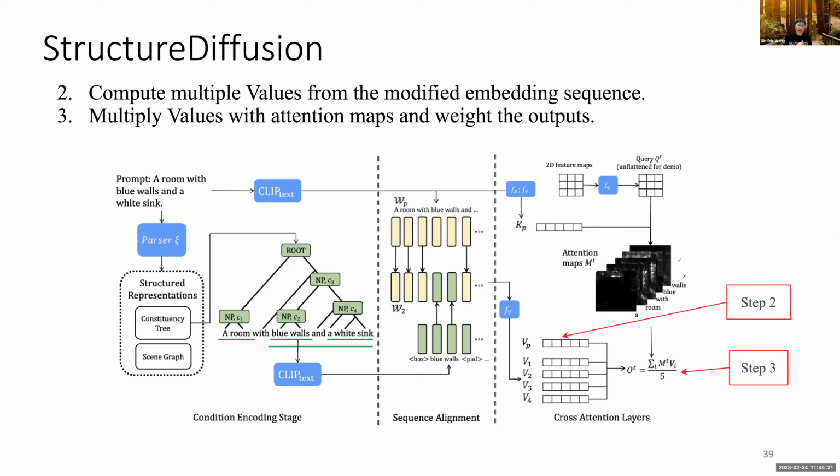But in addition, we have each word embedding sequence for each noun phrase, right? And we can calculate the cross attention between the word embedding sequence of each noun phrase and the visual feature map. So we know we need to emphasize the blue wall here and the white sheep there, right? And eventually we multiply the values with attention maps and weight the output. The output would be a weighted sum of all those values.